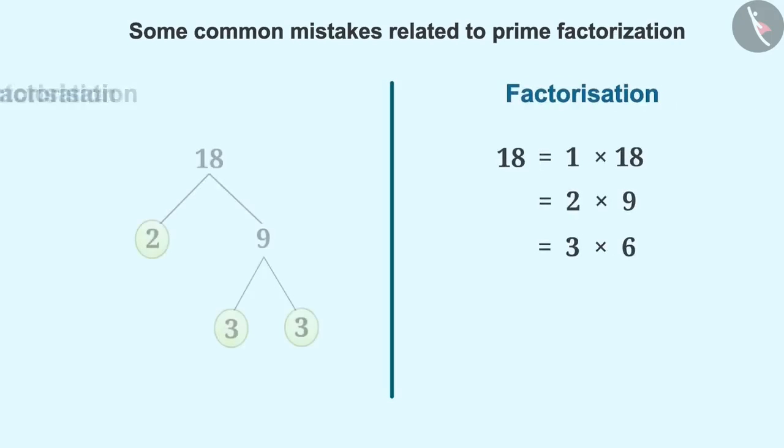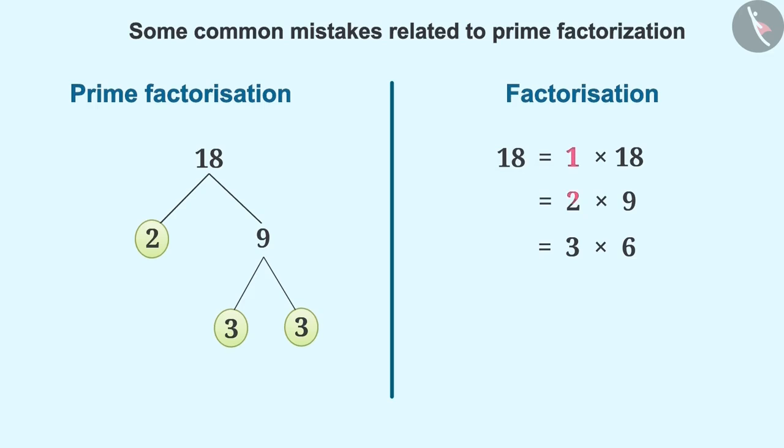Sometimes factorization and prime factorization are considered the same. With this wrong understanding, when asked to find the factors of 18, the answer given can be 1, 2, 3, 6, 9 and 18. And when asked to find the prime factors of 18, the answer given can be 2, 3 and 3.